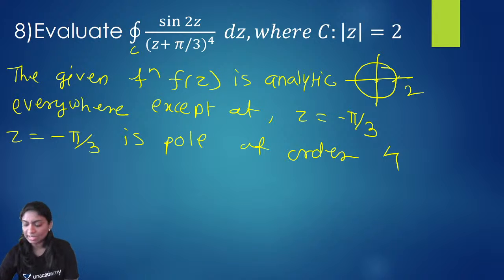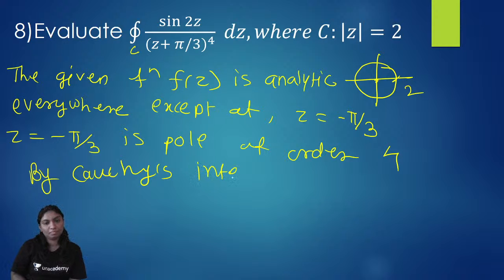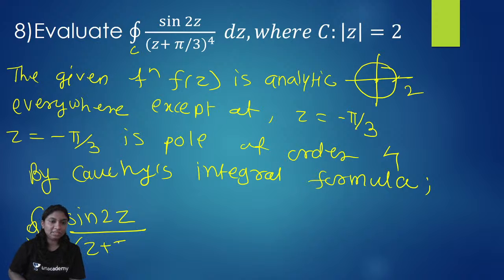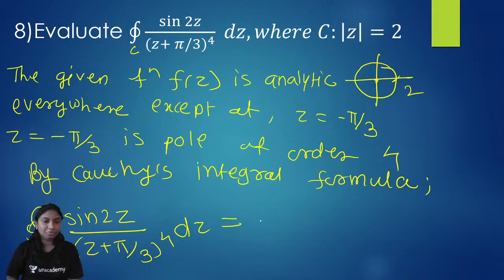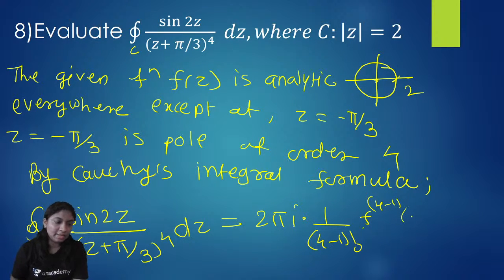As it lies inside the curve C, by Cauchy's integral formula we get the closed integral over C of sin 2z upon (z plus pi by 3) raised to 4 dz is equal to 2 pi i into 1 upon (n minus 1) factorial, here n is equal to 4, so 4 minus 1 factorial, into f raised to 4 minus 1 at a equal to minus pi by 3.